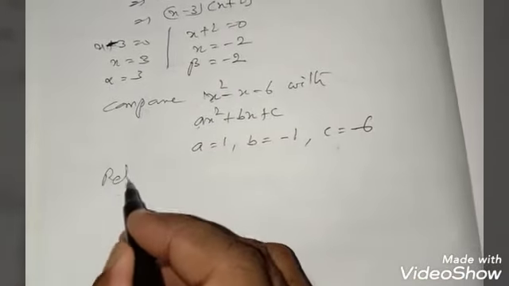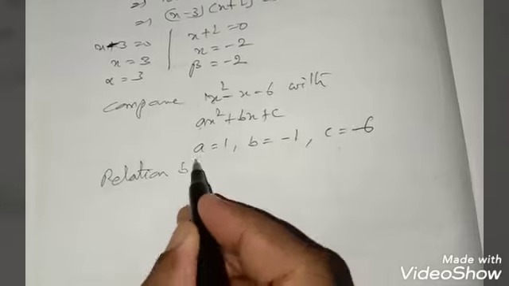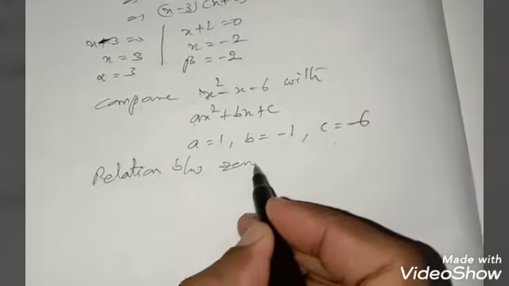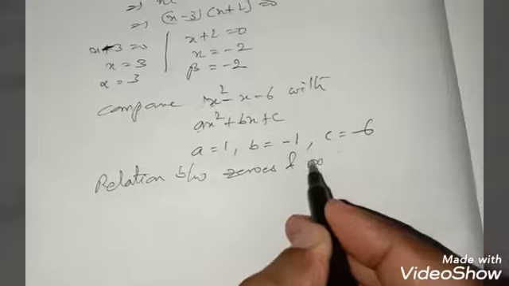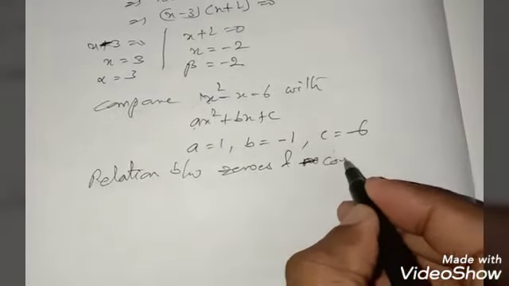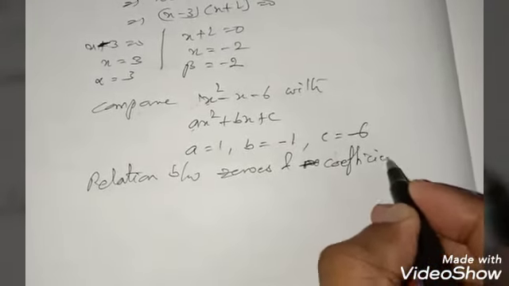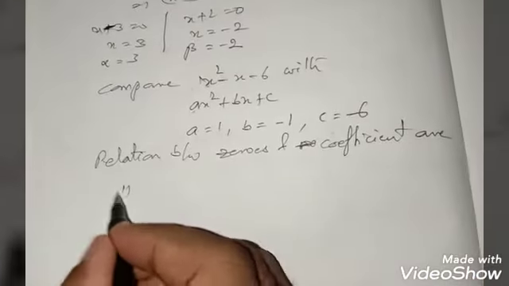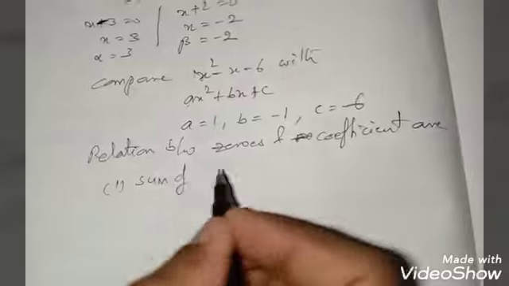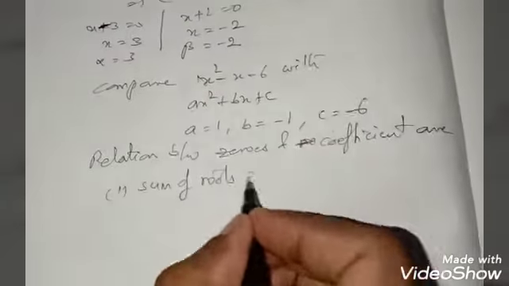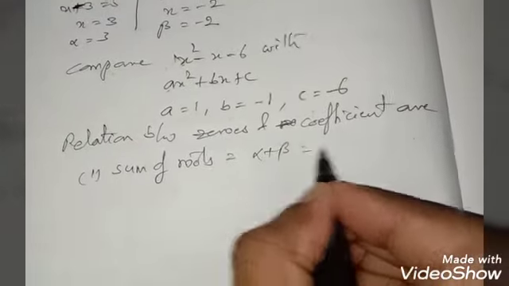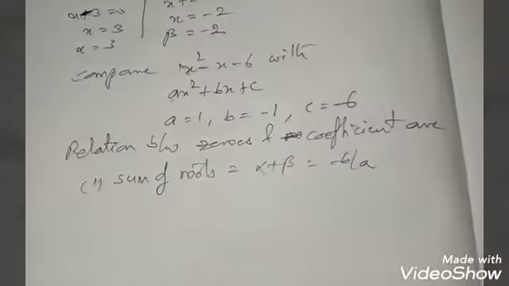So the relation between zeros and coefficients are, now your first relation is the sum of roots, that is alpha plus beta is equal to minus b by a, right?